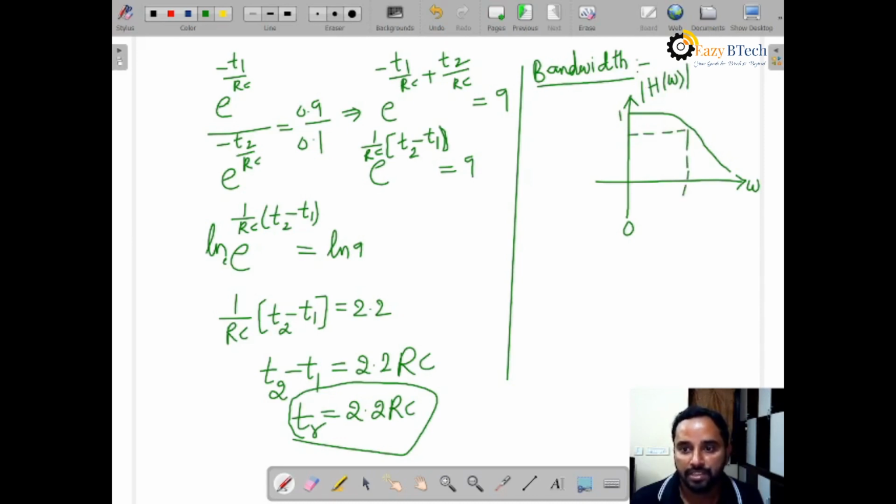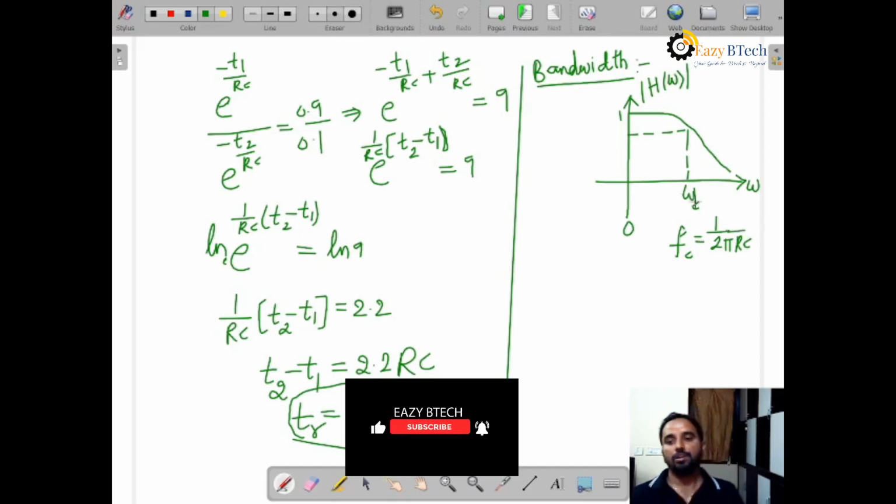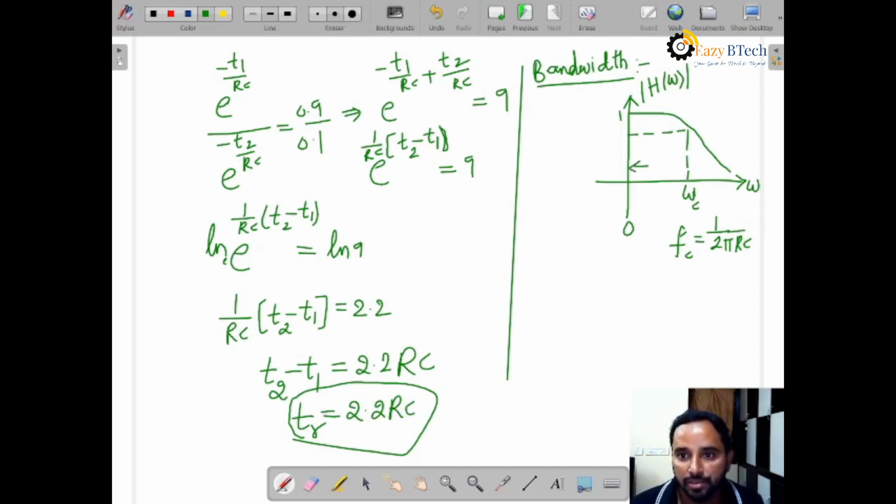At frequency omega c, or fc, which is equal to 1 by 2 pi RC, the magnitude is constant from 0 to omega c. Therefore, this range is the bandwidth of the system. So here I am representing bandwidth 0 to omega c or fc, and fc is 1 by 2 pi RC. In the previous session we discussed this already.